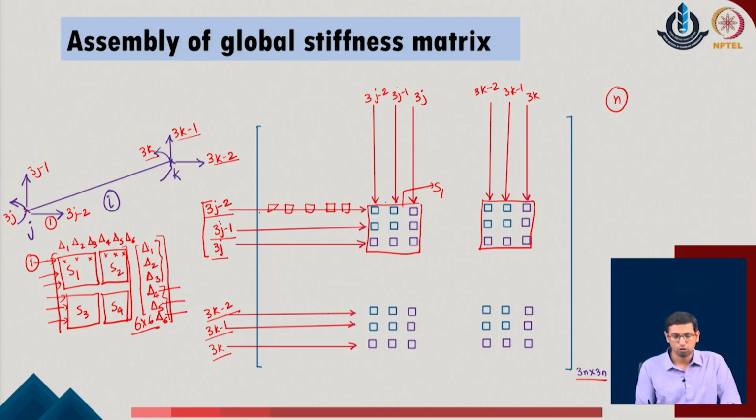Each of these columns in the 3j minus 2 row is the contribution of the respective degrees of freedom of the global system. Out of that, the contribution with respect to the member I, which is having these 3 degrees of freedom at the joint J and these 3 degrees of freedom at the joint K, labeled as 3j minus 2, 3j minus 1 and 3j, and 3k minus 2, 3k minus 1 and 3k in the system, have been identified as a part of S1 and S2 in the given system.